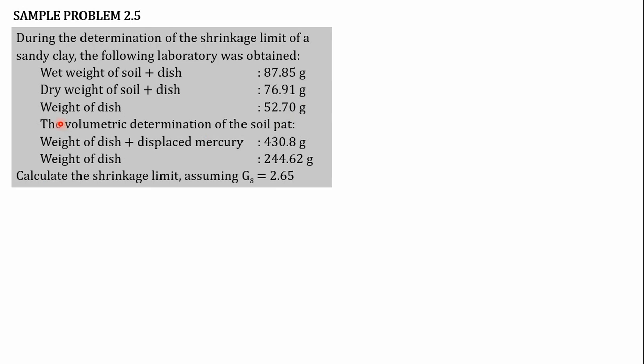Okay? And then, class, yung volumetric determination of the soil pat, ginagamit ito to determine the volume of oven-dried soil. Okay, yun class. Weight of dish plus displaced mercury is equal to 430.8 grams and weight of dish is equal to 244.62 grams.